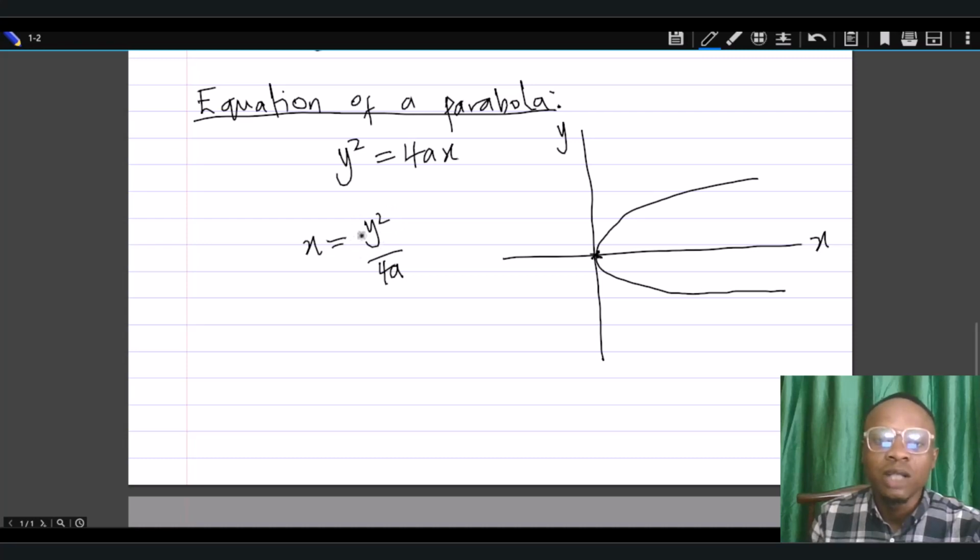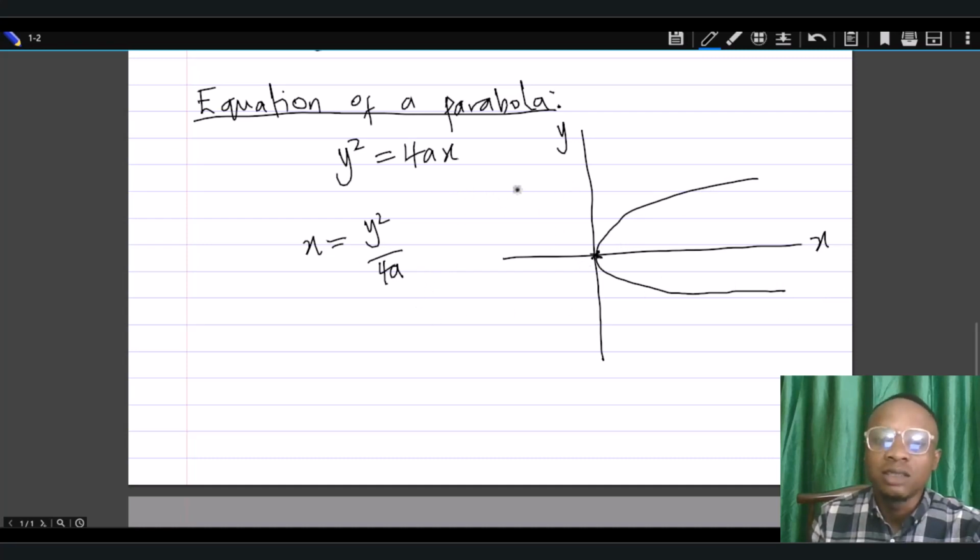We can also have this to be all negative. For instance, it can happen that x is also always negative, if a is negative, so that means it will be facing this direction. But we know that this y squared is always positive, so the sign of x will be determined by the sign of a. So if a is positive, then this will face this direction. If a is negative, then this will face this direction.